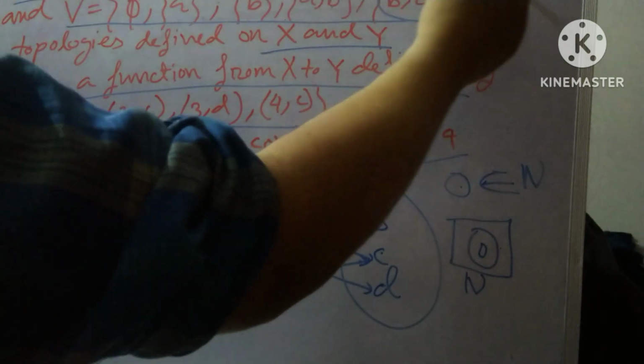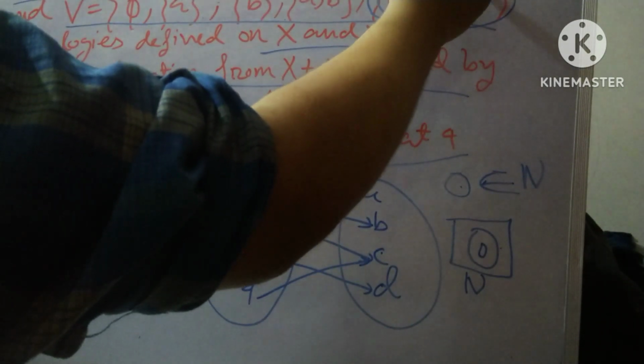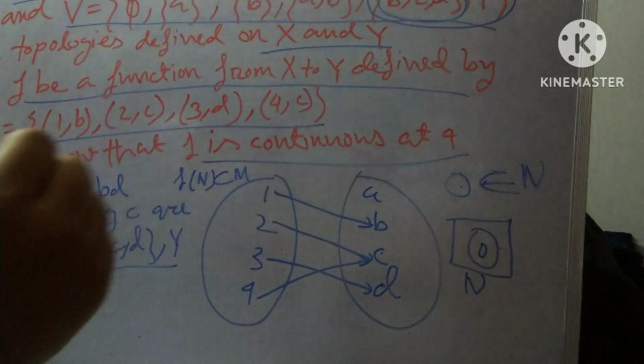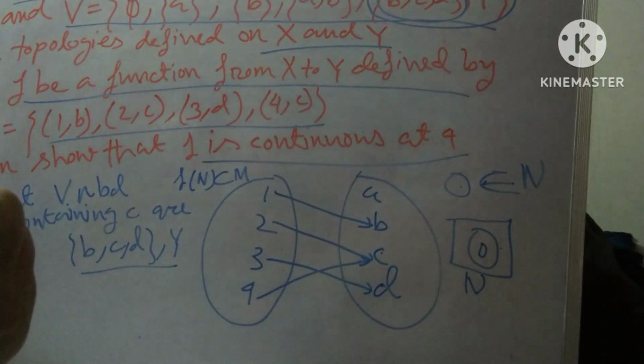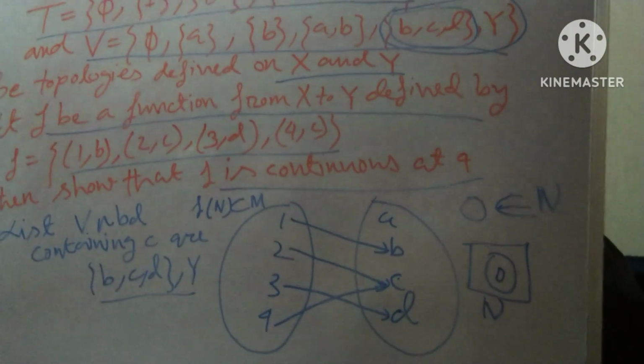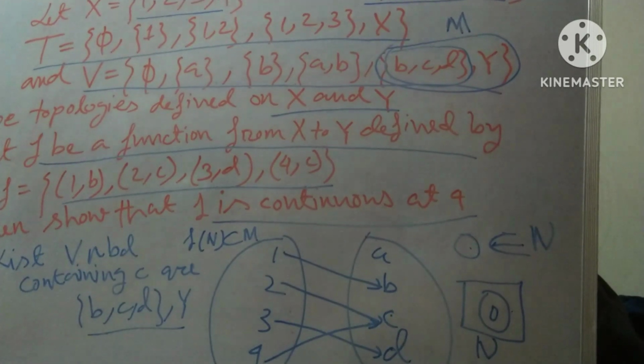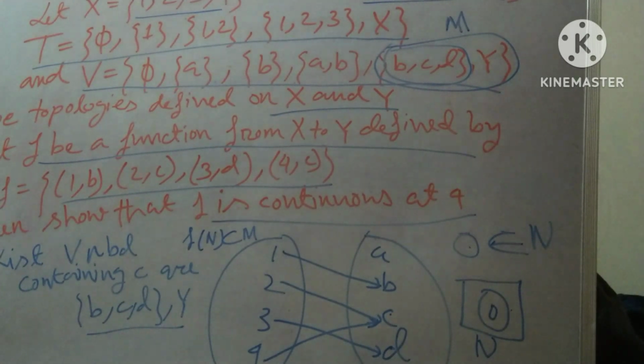This is my V-neighborhood, this is my M, {b, c, d}, Y. I can say M is {b, c, d}.